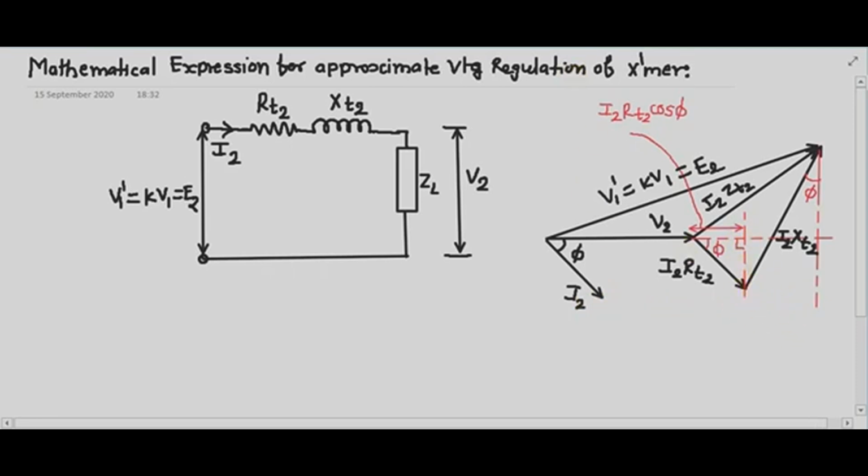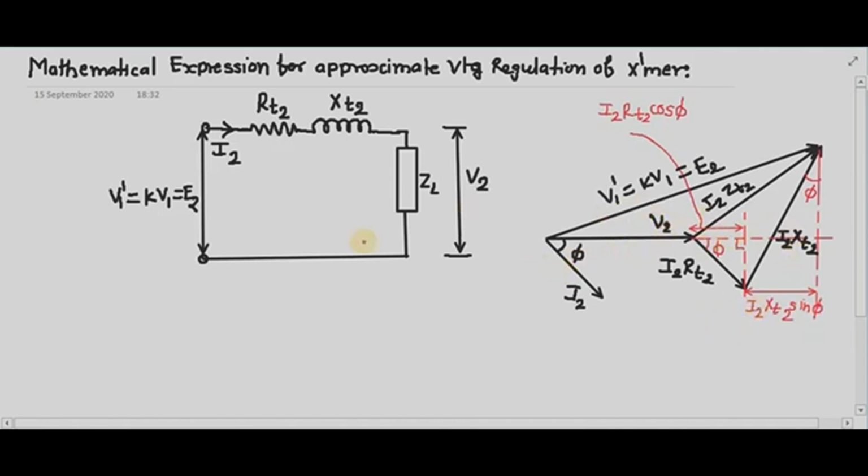Similarly, what is this length? If I put a perpendicular from this also, this is your phi. So this will be your I2 XT2 sine of phi. I2 XT2 sine of phi.